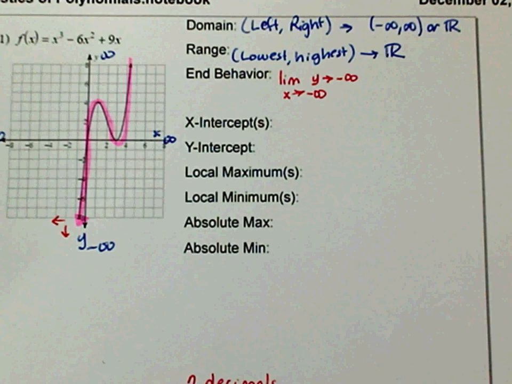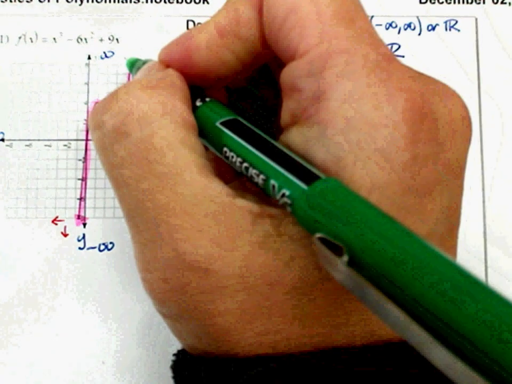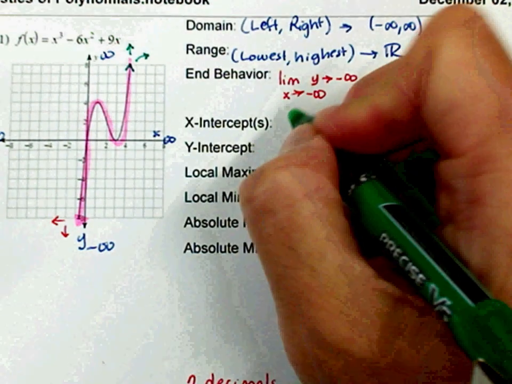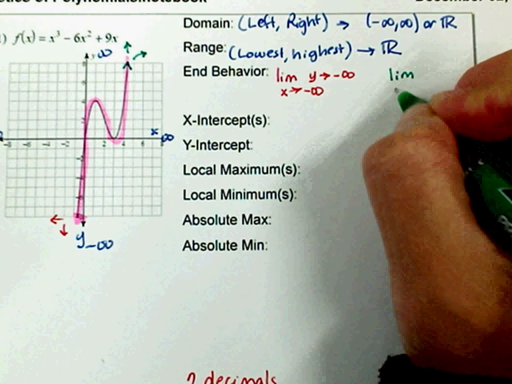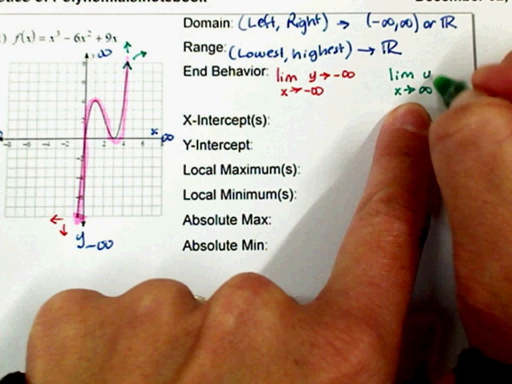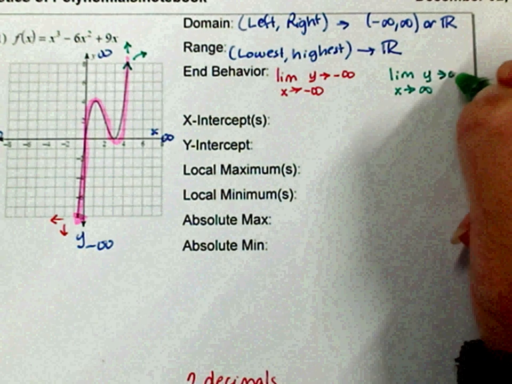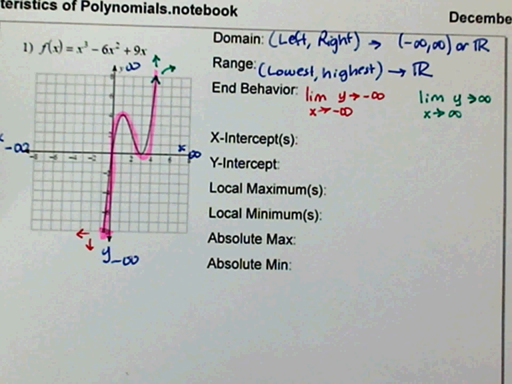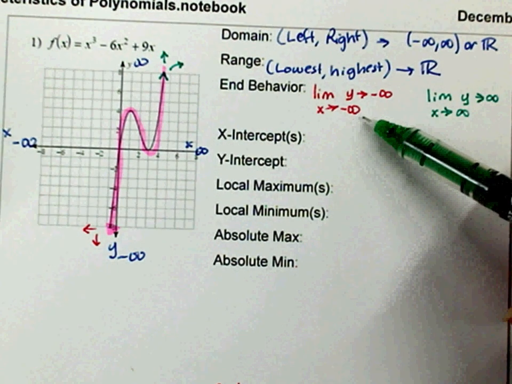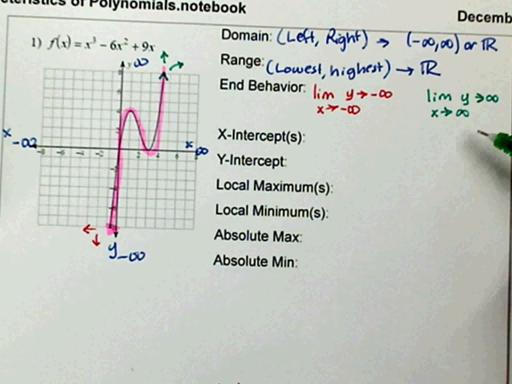On the right-hand side, notice the arrow is going up, but it's actually going to the right, and it's going up. So your limit on the right, the x value is always positive. What's happening to the y? This y is going all the way up to positive infinity. So there you have your end behavior. You don't have to tell me left and right. I see negative infinity, that tells me left. Positive infinity, that tells me right.